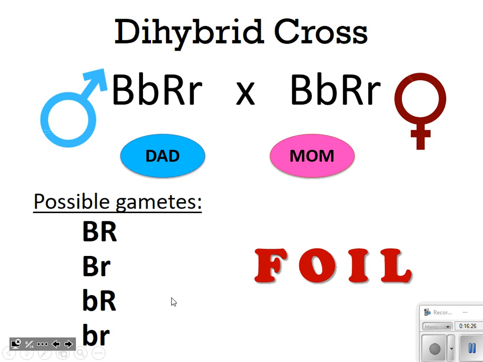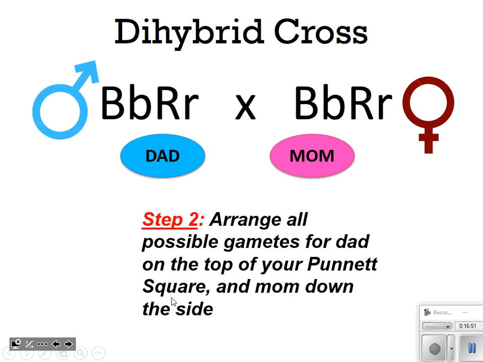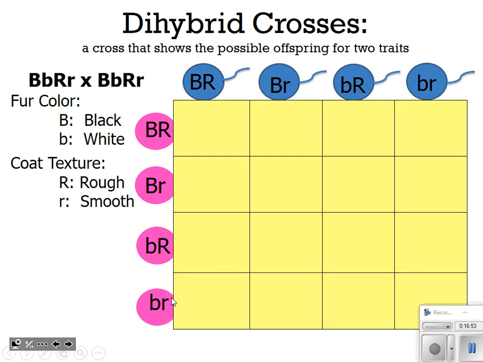So, where do we put those? Do you see where they are at the top of your dihybrid cross on the back of the front page? Do they follow in that order? Big B, big R, big B, little b, big R, little b, little r. So, we arrange the gametes as so.